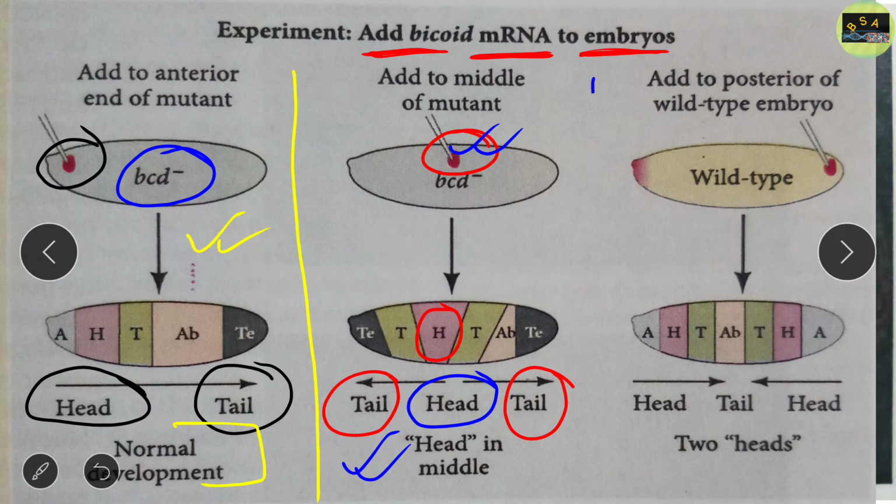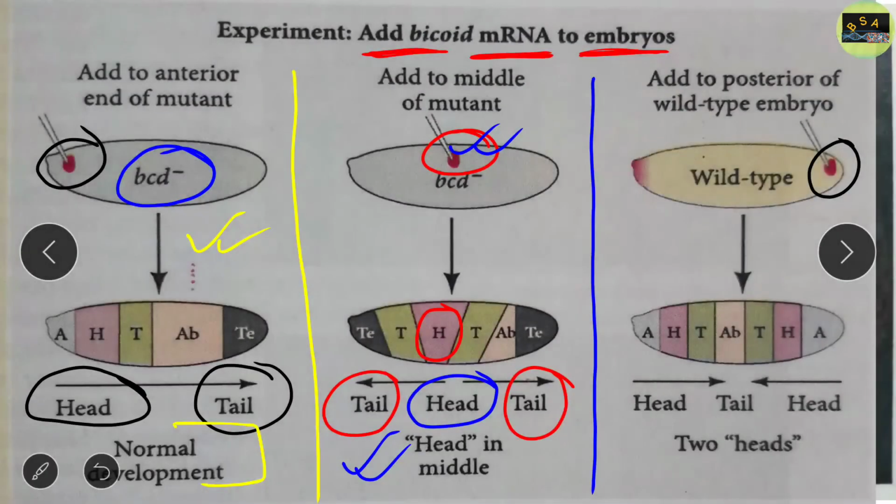Next, now look at this figure. What happens if we add bicoid mRNA at the posterior part of the wild type embryo? This is a wild type embryo. There is no defect in this embryo. This is not a bicoid deficient embryo. So if we add a large amount of bicoid mRNA in the posterior part of the wild type embryo, as we discussed earlier, then two heads will generate.